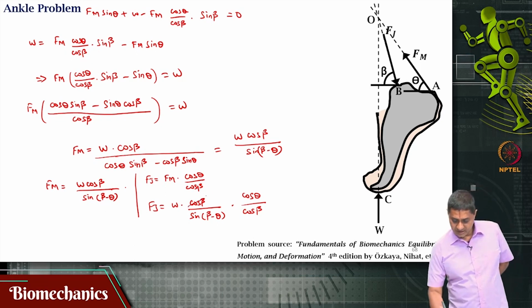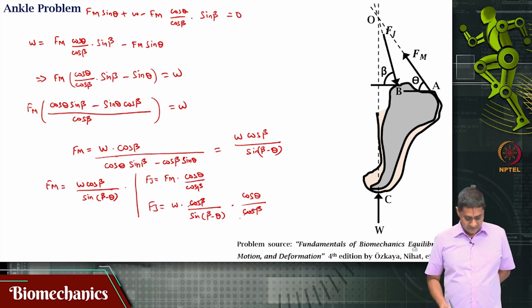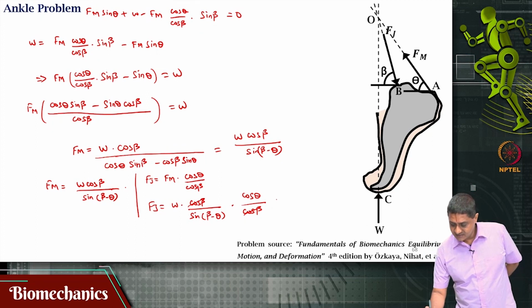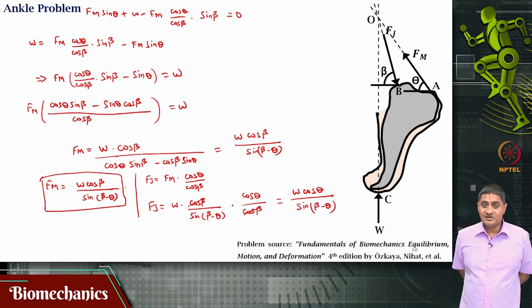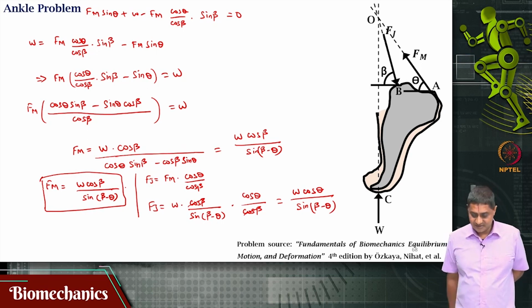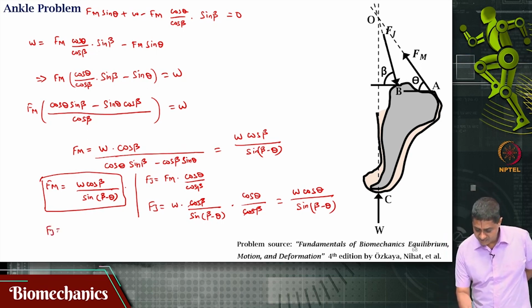Cos beta and cos beta I can cancel. So, that will give me Fj as W cos theta divided by sin of beta minus theta. So, Fm is W times cos beta divided by sin of beta minus theta, and Fj is W times cos theta divided by sine of beta minus theta.